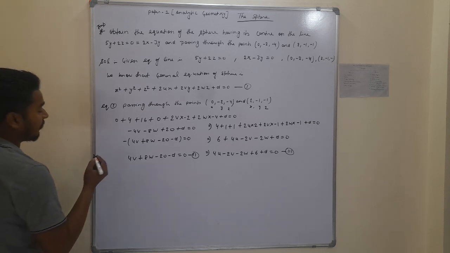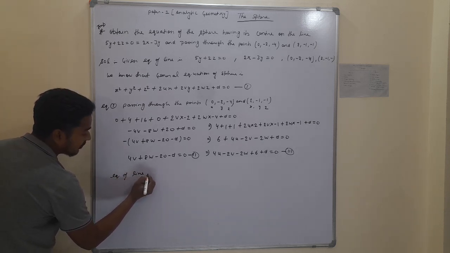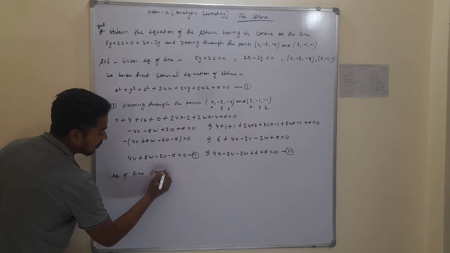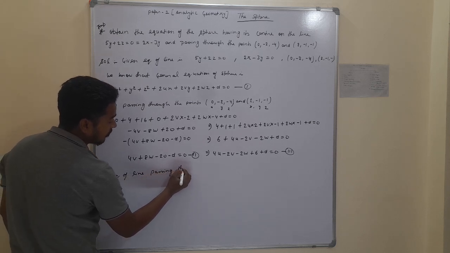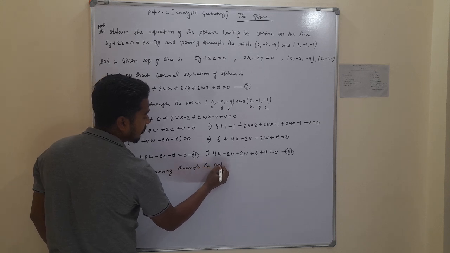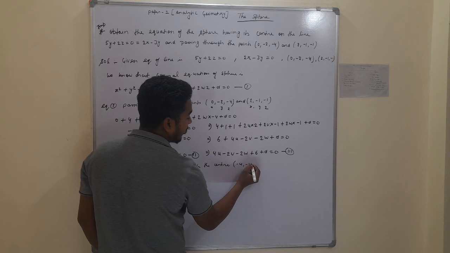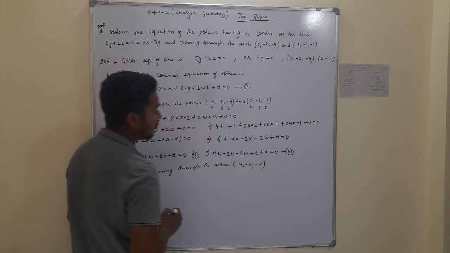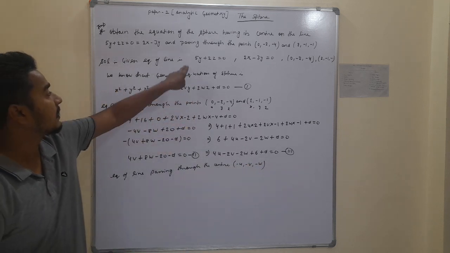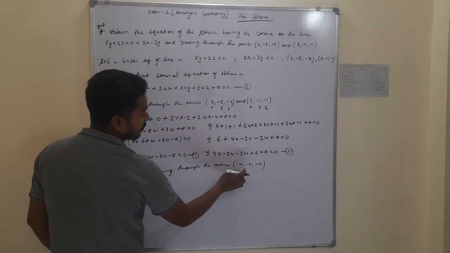And the line passes through the center, which is (-u, -v, -w). So the center has to satisfy the given equation of line. We put in place of x, y, z the values -u, -v, -w.